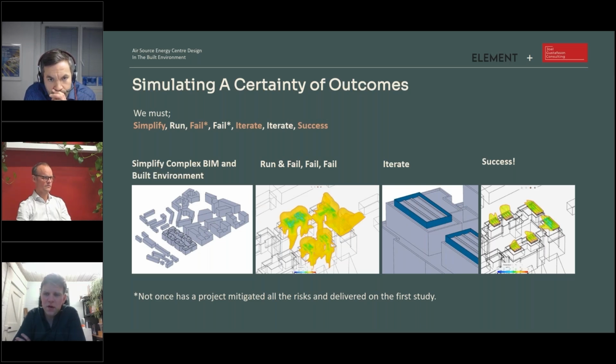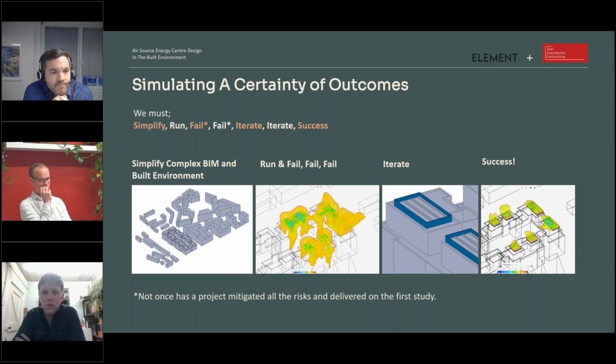If those of you aren't familiar with BIM models and the complexity of those, they often are a much higher level of detail than is required for something like a CFD study, and they can contain hundreds of thousands, or even tens of thousands of individual components, which just aren't necessary when it comes to the simplification that we require. Then we go through this process of running and failing.